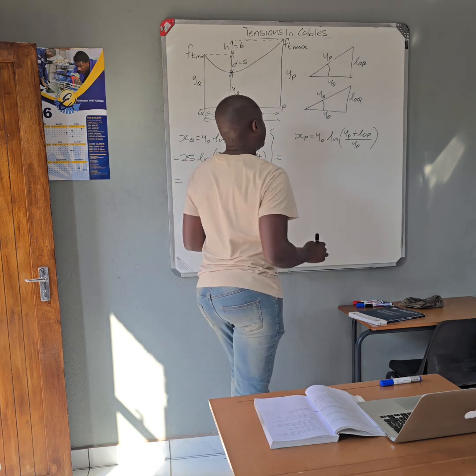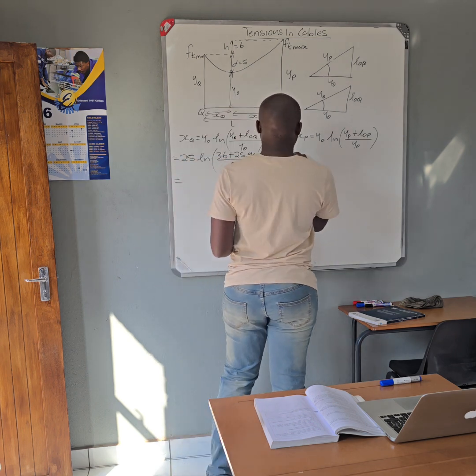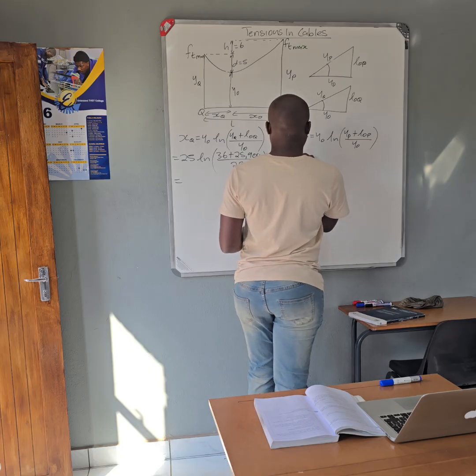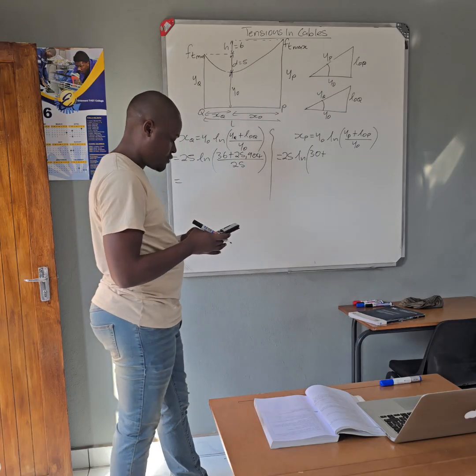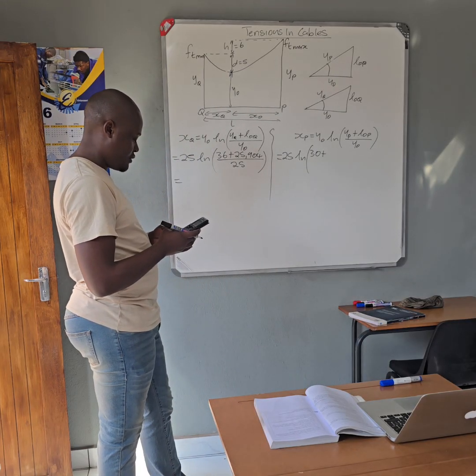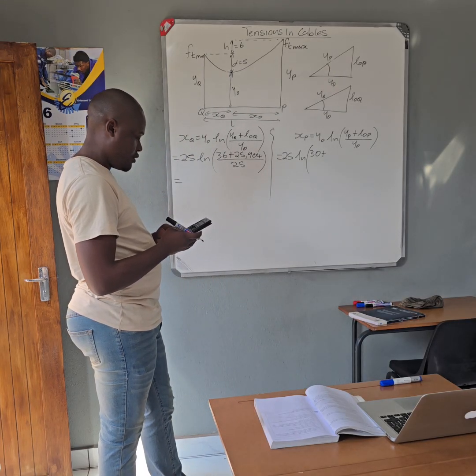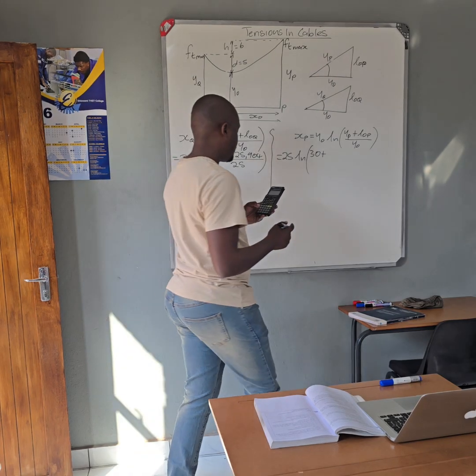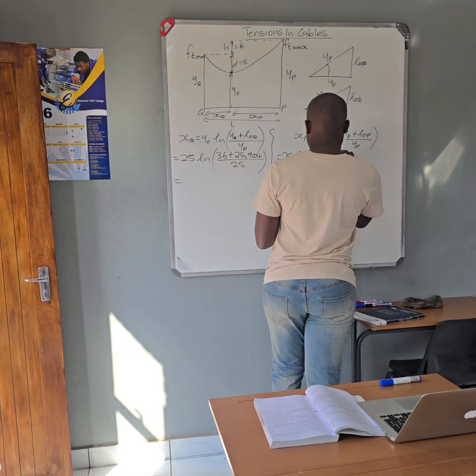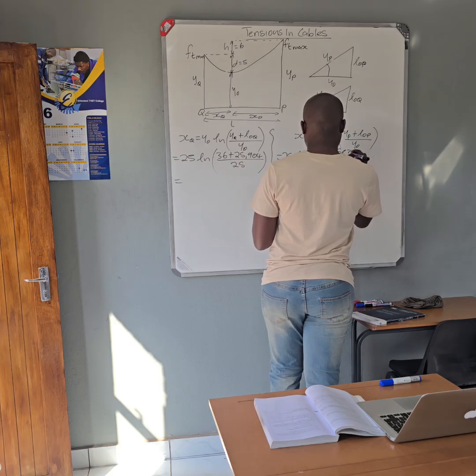Then this side we still have 25 in of 30 plus the square root of 30 squared, so 16,583.